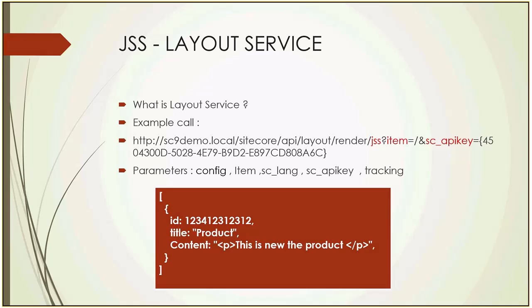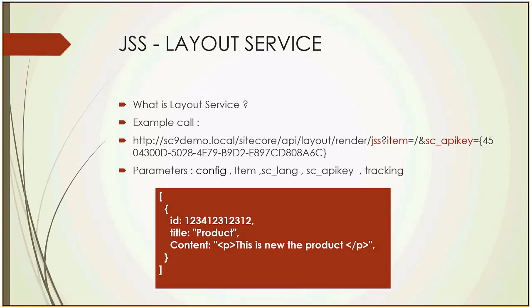It's that JSS in red. We also have the item parameter, the path to the item, which is relative to the context site home item. We also have the sc_lang parameter. This parameter is the language version of the item that you wish to retrieve. In this case, I don't think I'm using that, but we have this parameter.